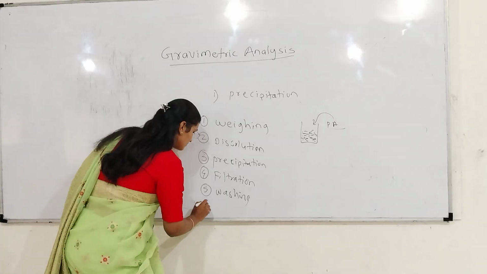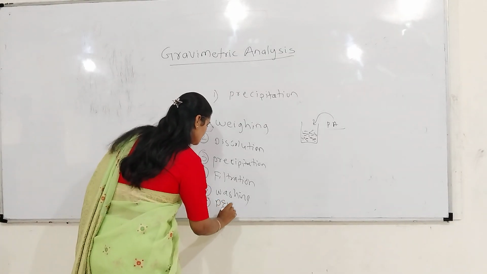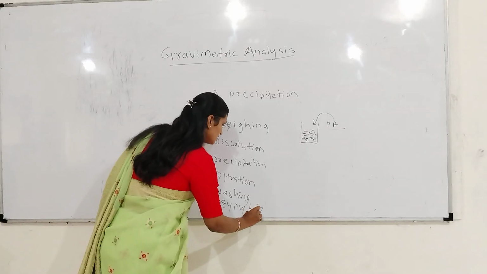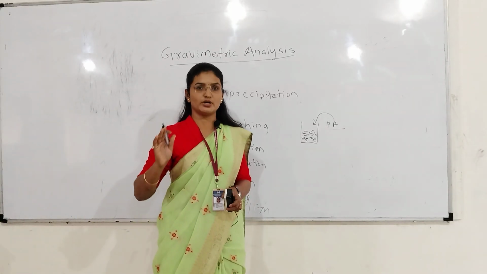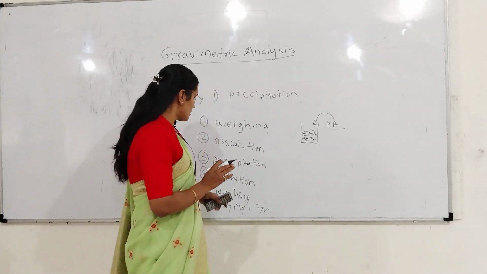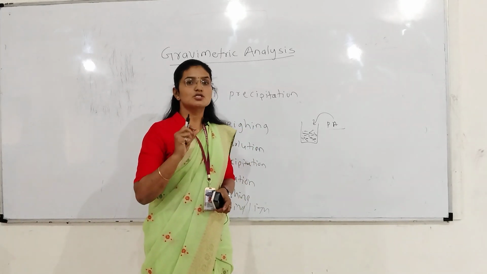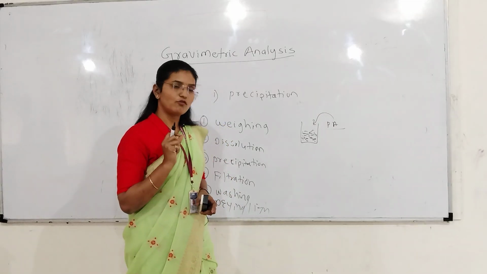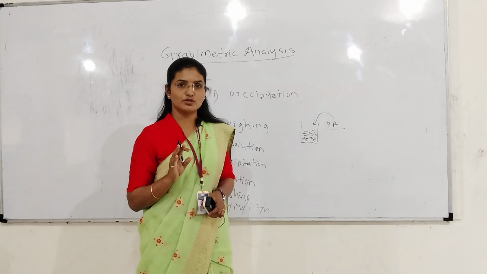The sixth step is drying or ignition. Drying or ignition is most important for a more accurate result, because your precipitate contains moisture or solvent in some amount, and for that there may be chances of inaccuracy in your result.